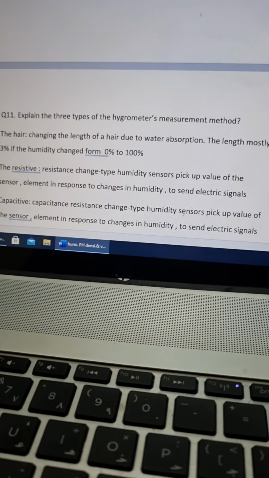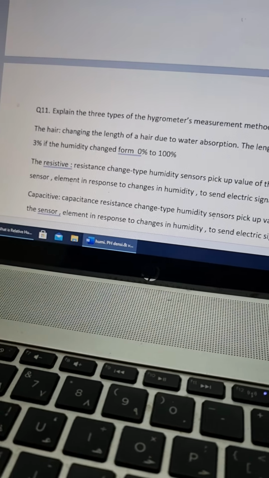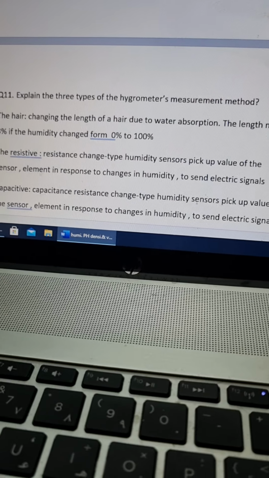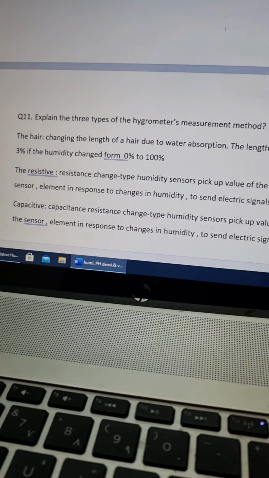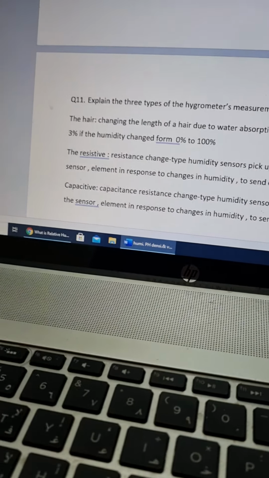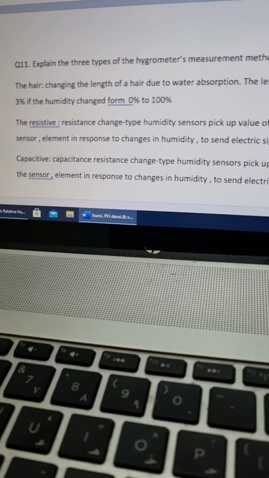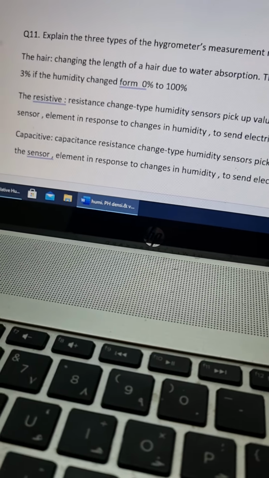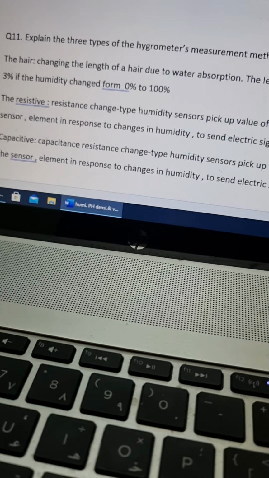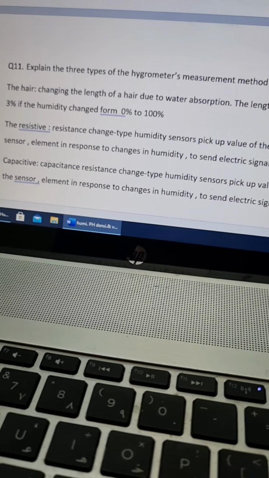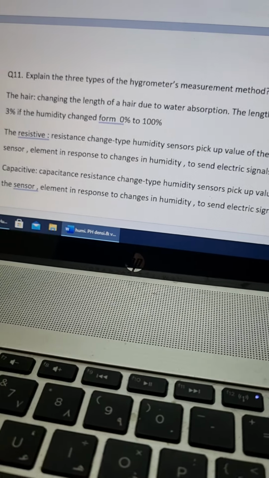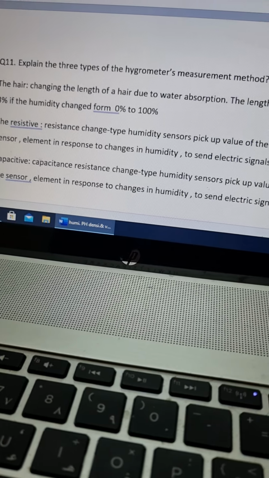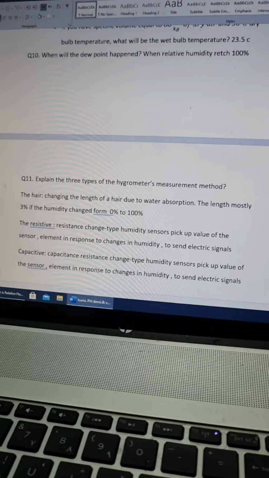Okay. Explain three types of hygrometer measurement methods. Okay, we have here, like I said, the change in the length of a human hair due to water absorption, mostly a 3% change, as the humidity changes from 0 to 100.